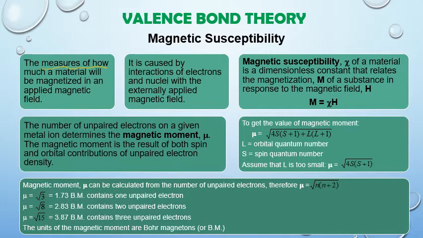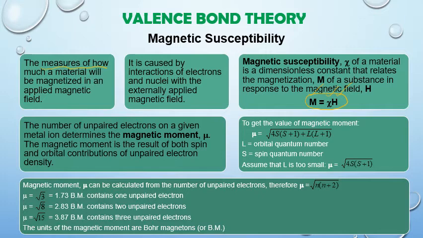Here you can see the formula, the relation between magnetic susceptibility, magnetization, and the magnetic field. And this is magnetic susceptibility. We will get the magnitude from the experiment.